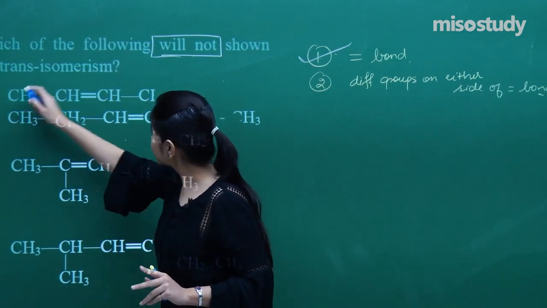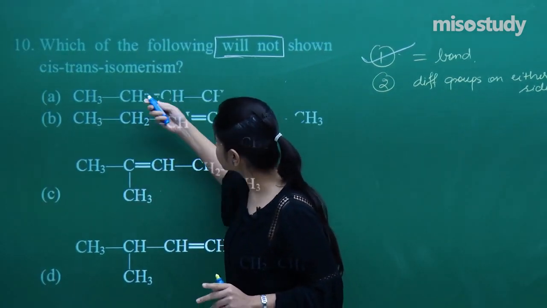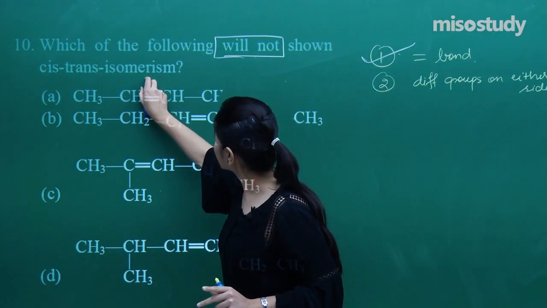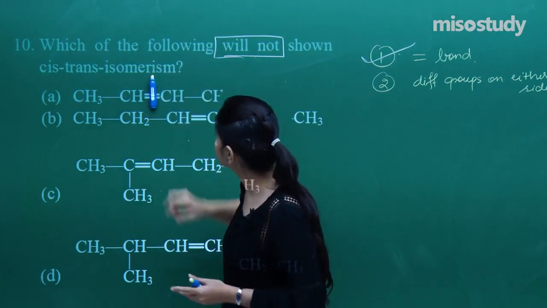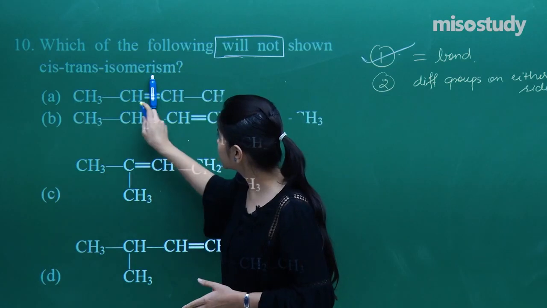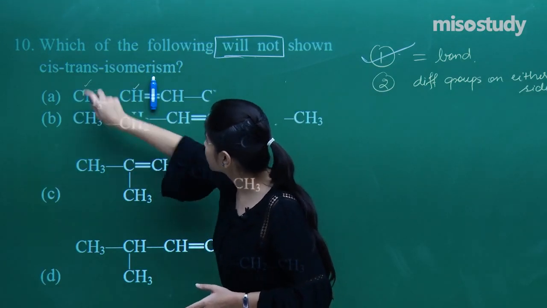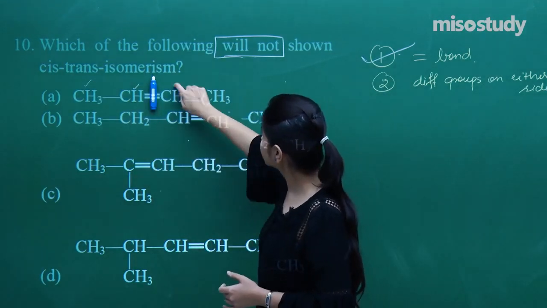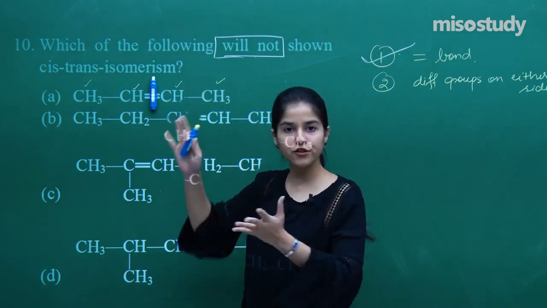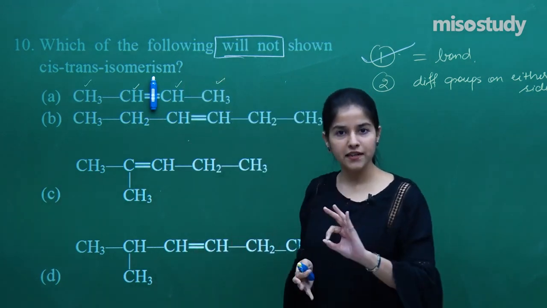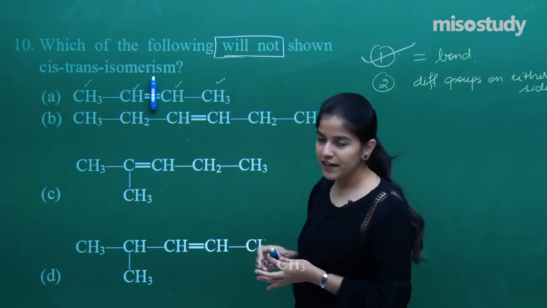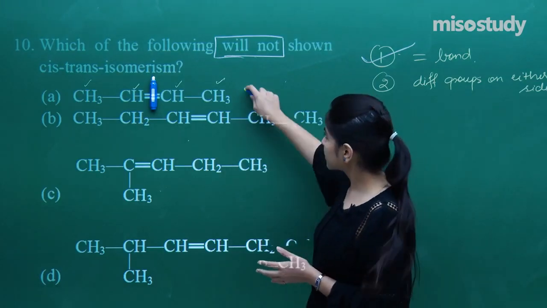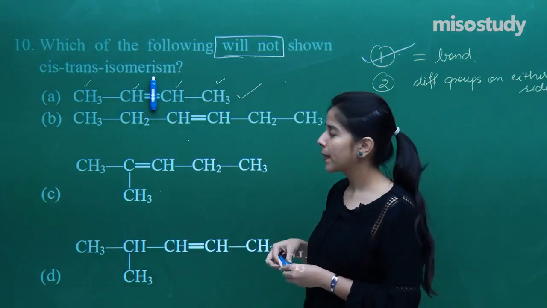If I look on either side, over here I have got a hydrogen and a methyl. Again over here, hydrogen and methyl. That means different groups on either side of the double bond. Clear? So this will definitely be giving the geometrical isomerism, the cis-trans isomerism.